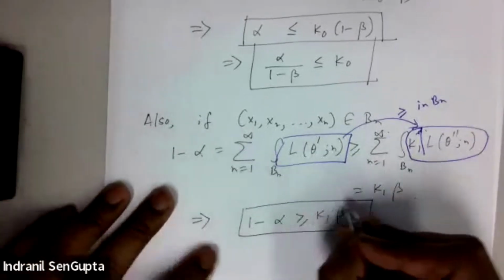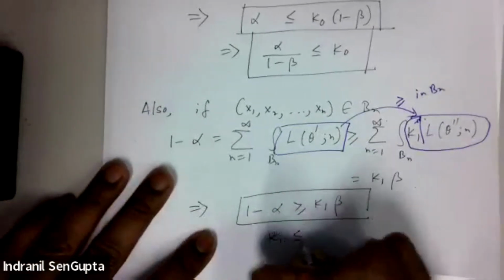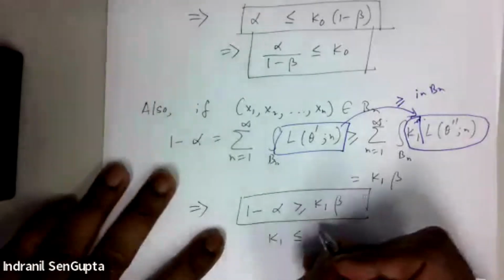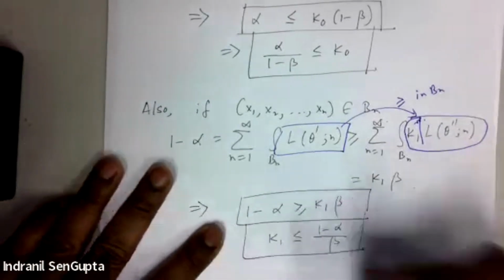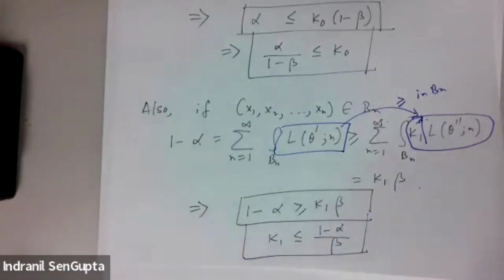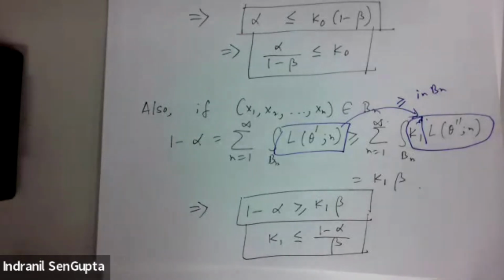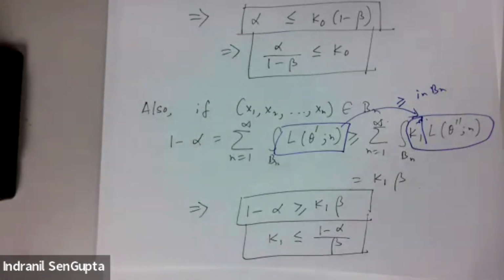Another way of understanding this is k1 is less than or equal to 1 minus alpha over beta. So if we set the predetermined constants alpha and beta, the type 1 error and type 2 error, at the very beginning, then this k0 and k1 can be set using this form.